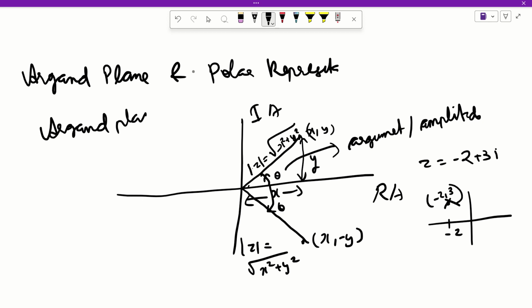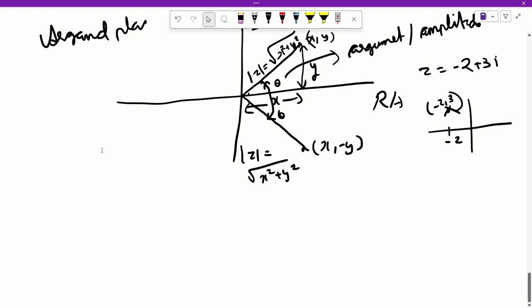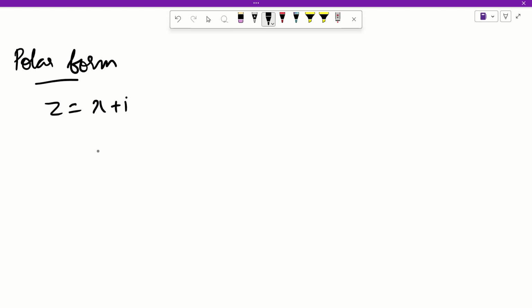Now let us learn about polar form. We have learned about the Argand plane. For polar form, we know that in general z is equal to x plus iy.